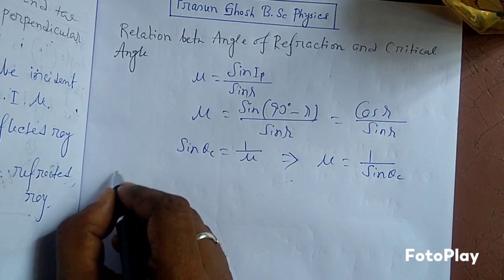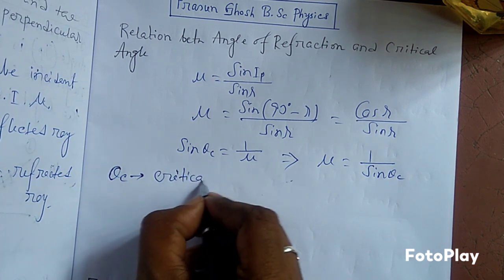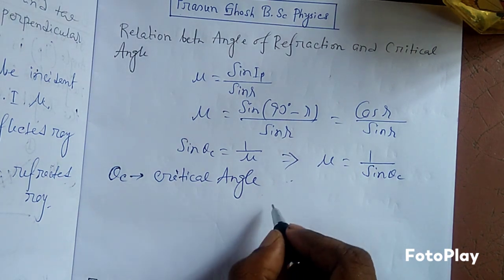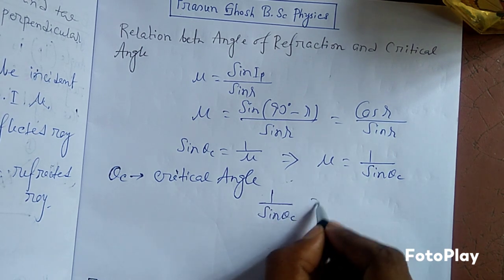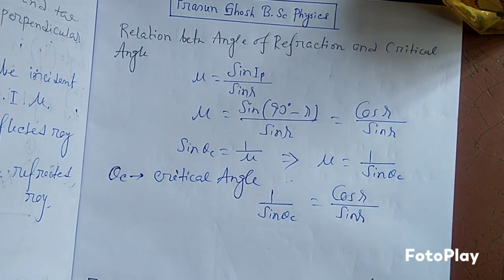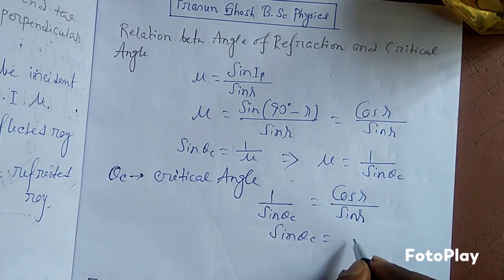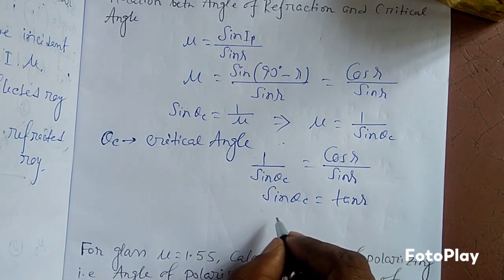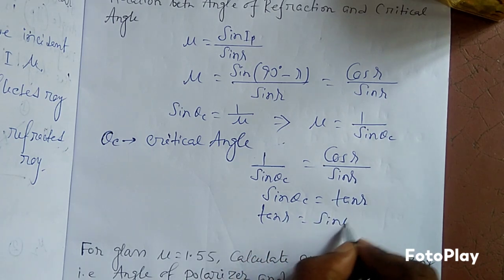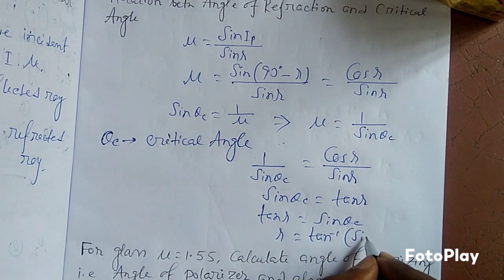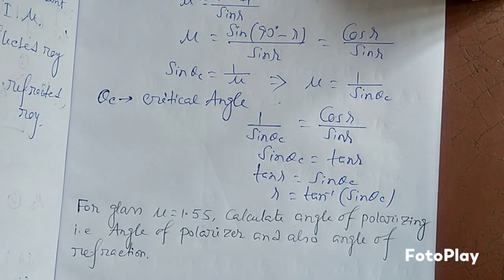So 1 by sine theta c equal to cos R by sine R. Sine theta c equal to tan R, so tan R equal to sine theta c, and R equal to tan inverse of sine theta c. So this is an important equation.